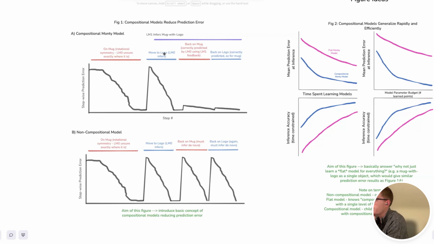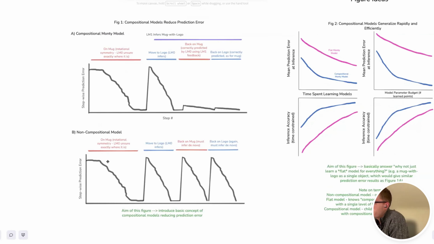But then it says, okay, now I know I'm on the mug with the logo. When you move back to the mug, this higher-level learning module knows we're on the mug with the logo, because it has learned these associations, and it can tell the lower-level learning module where we should be, and therefore gives us low prediction error.